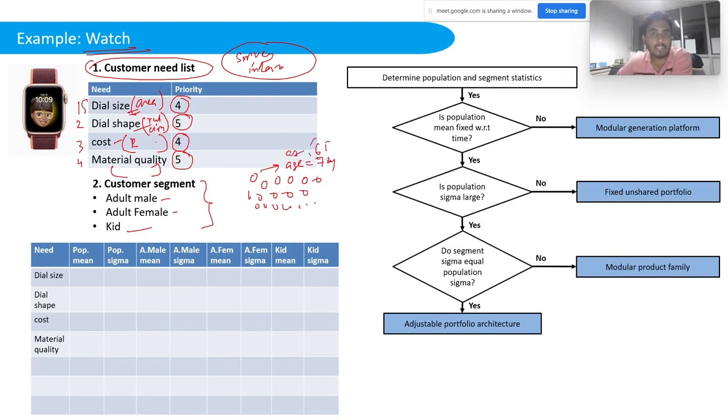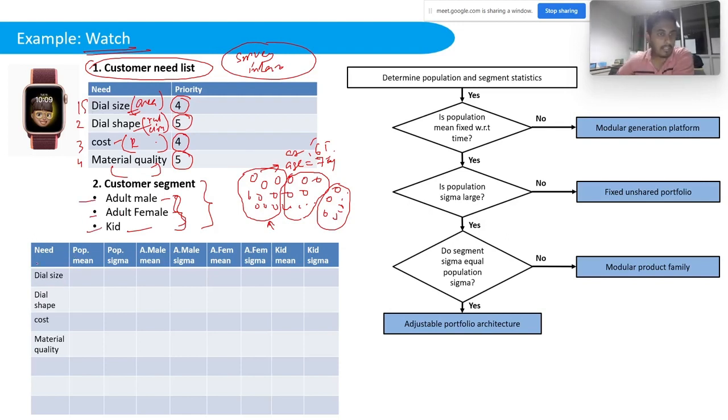Based on those categories, you later may identify that some sort of clustering can be done on this population information. That's how you categorize the customers into three categories. This is basically the variation in terms of need. There are four needs, so you will have four such sets of population data, and depending upon that you may identify that all the four needs can be categorized or clustered into these three customer segments.